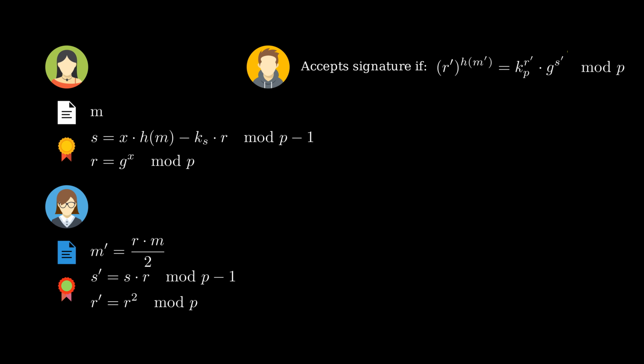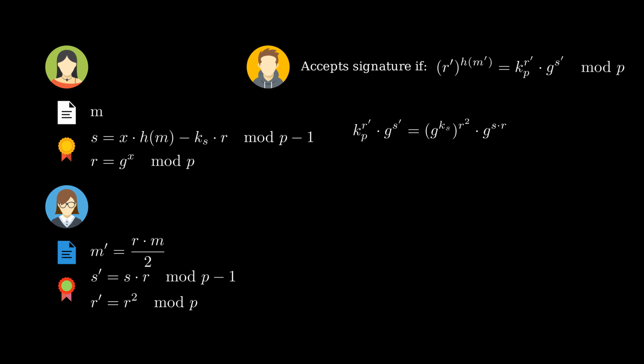As before, let's start with the right-hand side of the verification equation. Remember that the public key is G to the power of the secret key. Plugging in this definition as well as the definition of S' and R', we get the following equation.